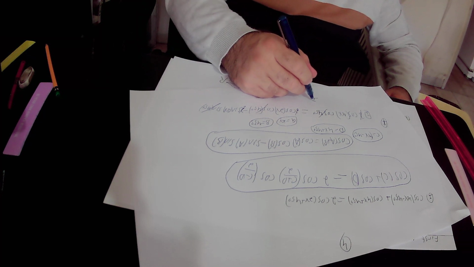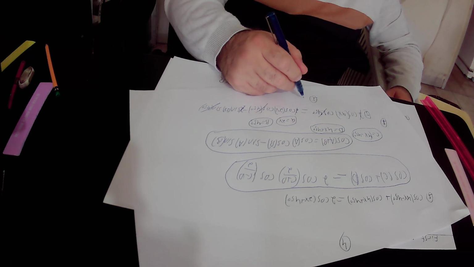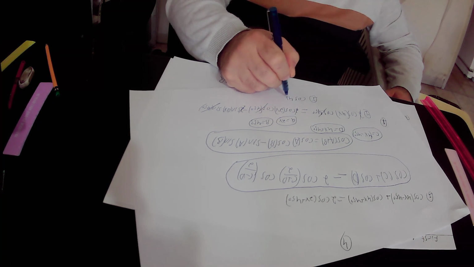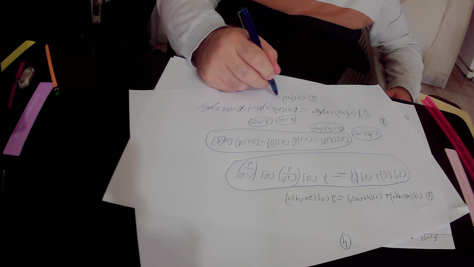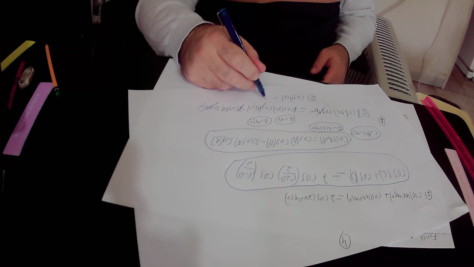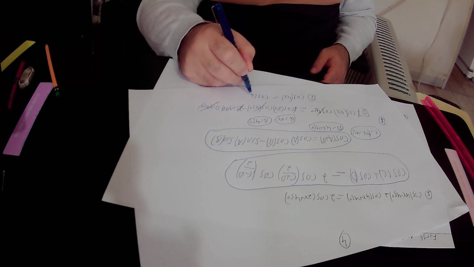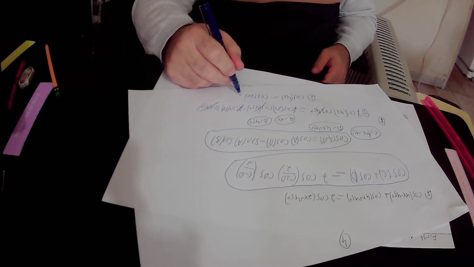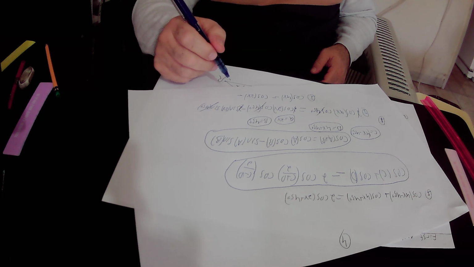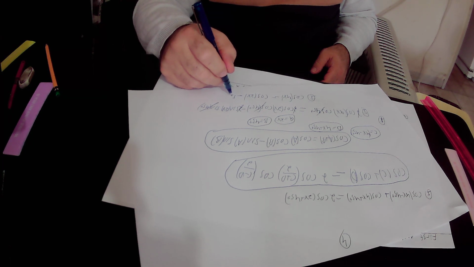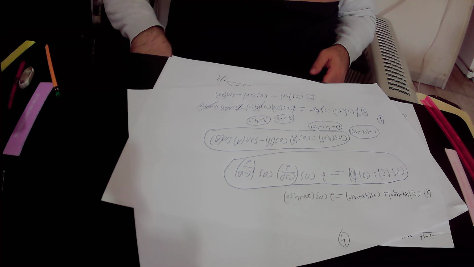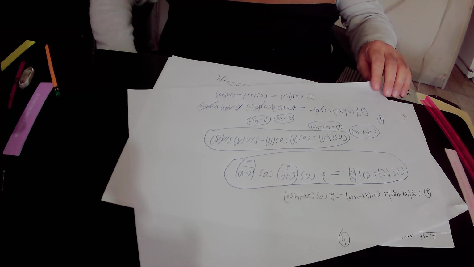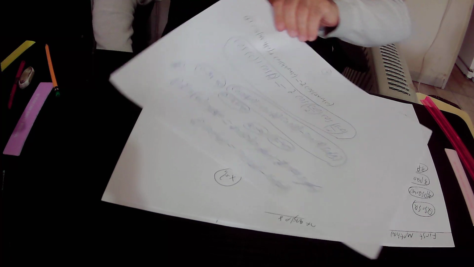So we got here that cosine 4x equals cosine 2x minus sine 2x. Okay, we got this equation.